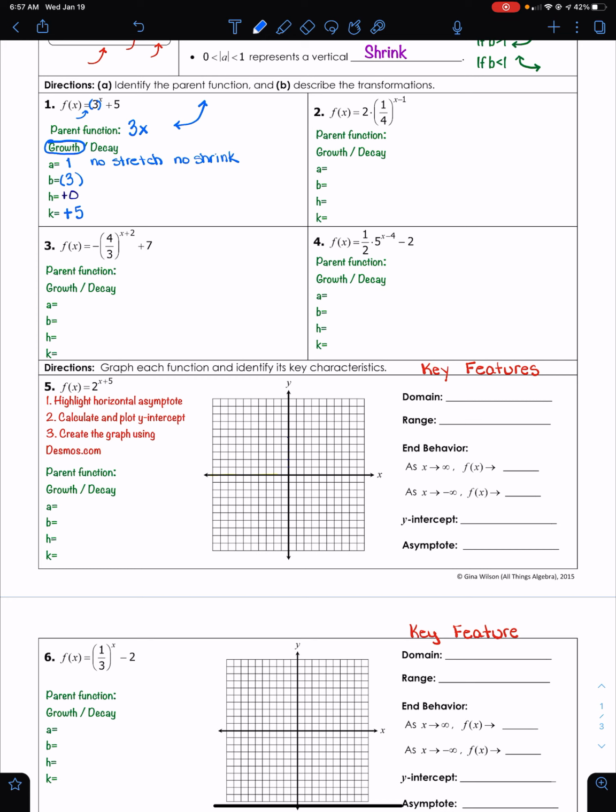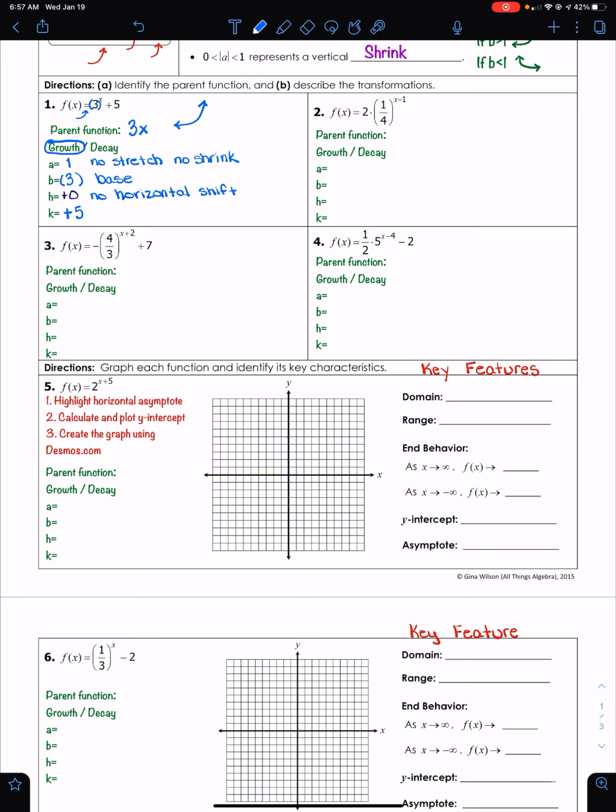And b is the base. H is no horizontal shift because it does not move left or right. And there is a vertical shift.